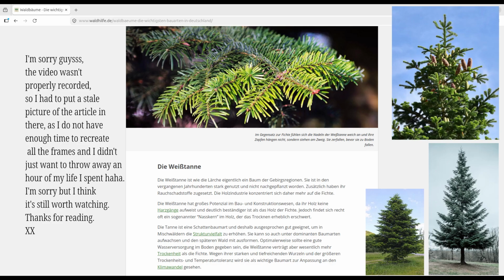diversity in mixed forests. Sie kann so auch unter dominanten Baumarten aufwachsen und den späteren Wald mit ausformen. So, she or it can, this way, also, unter, which in general means under, but in this case means among, dominant Baumarten, tree species, aufwachsen.